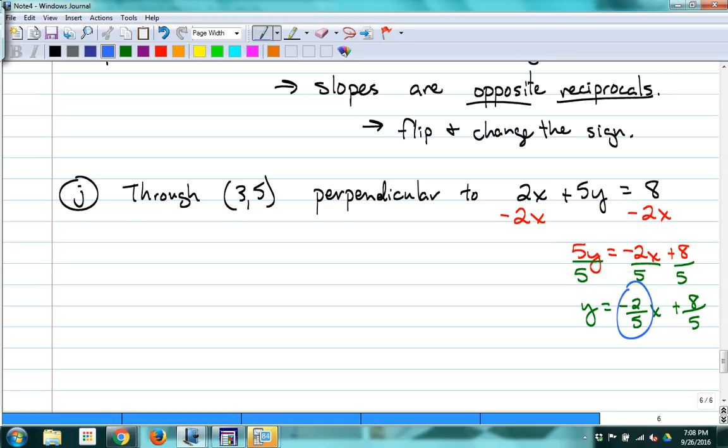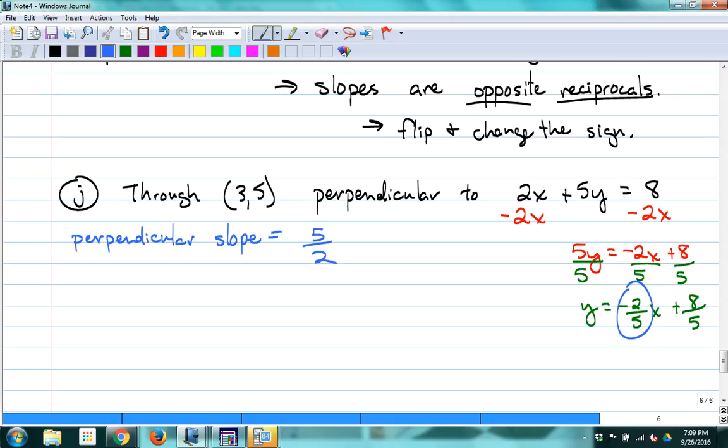Okay. Now, what I need to think about here is what's my perpendicular slope? Positive or negative? Positive. Flip it and change the sign. So the slope of the equation they gave us is negative 2/5. The perpendicular slope, flip it and change the sign.